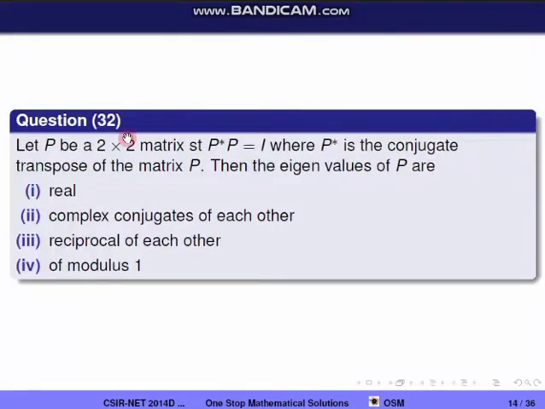Next, question 32. Let P be a 2 cross 2 matrix such that P star P is equal to I, where P star is the conjugate transpose of the matrix P. Then the eigenvalues of P are. So we are given a matrix P which satisfies the equation, and we have to find its eigenvalues. We look into the concepts used.